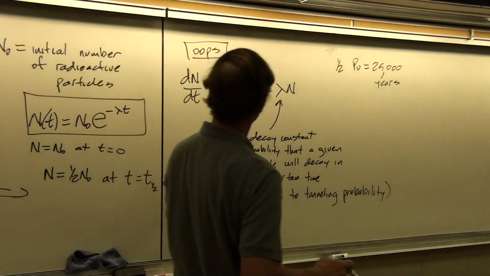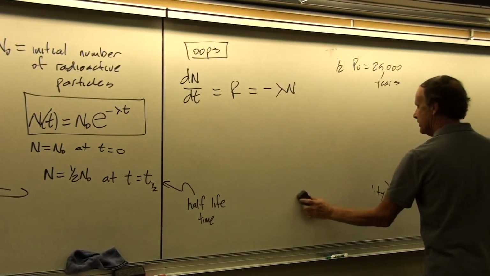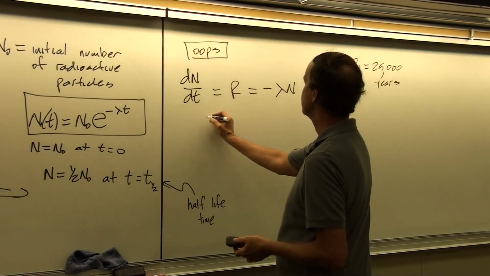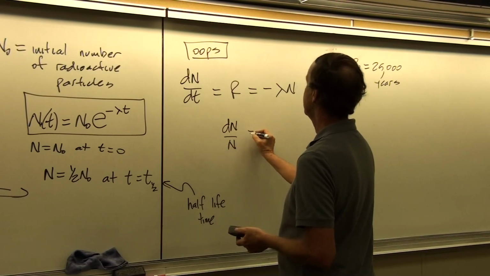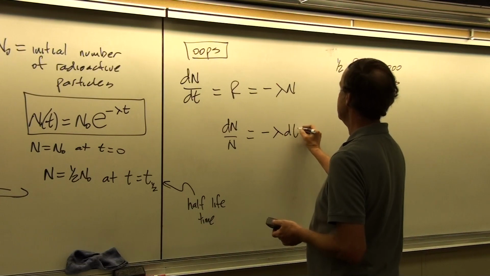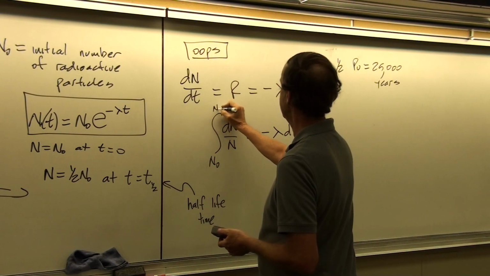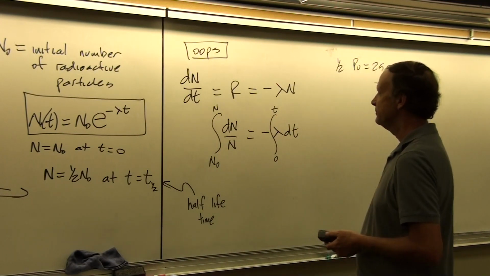If we just do a first order separable differential equation, pretty simple one for us to do with our math experience, we can just rewrite this as dN over N, separable, equals minus lambda dt. Integrate this from N naught to N as a function of time, so we integrate this from 0 to t.